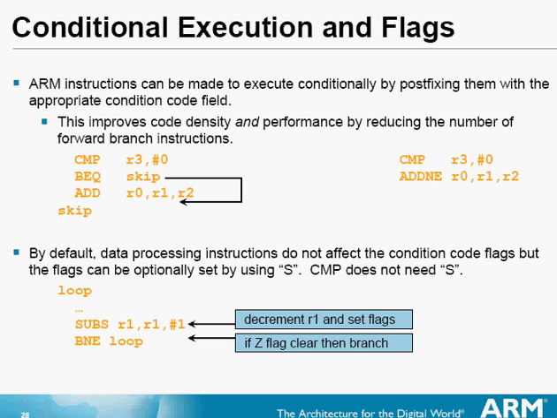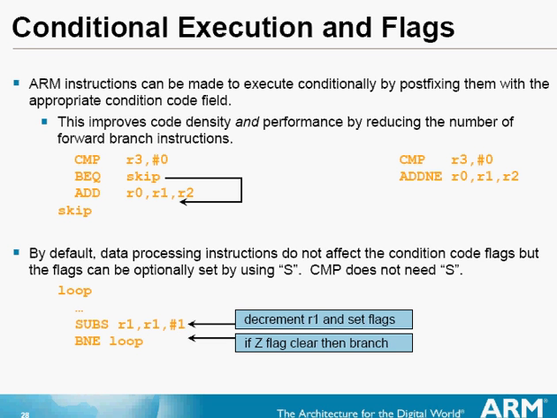Conditional execution and flags. What is that? A usual but powerful feature of the ARM instruction set is conditional execution. Other architectures normally only have conditional branches. Some recently added ARM instructions, like in version 5T and version 5TE, are not conditional though.